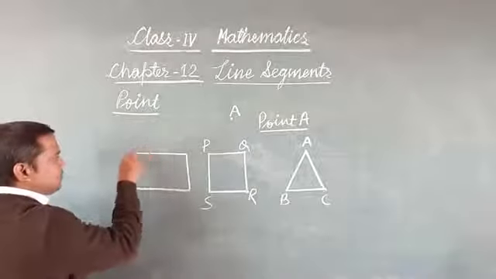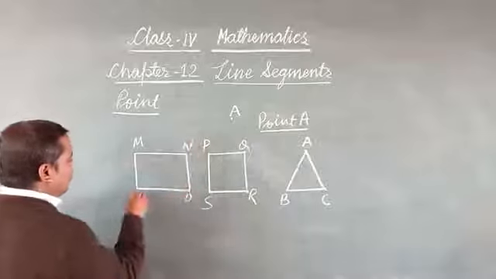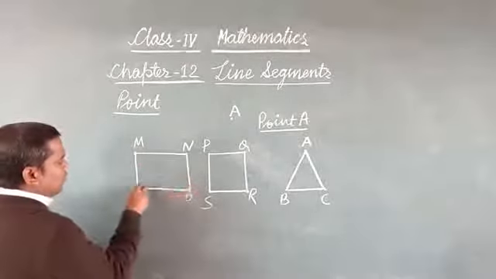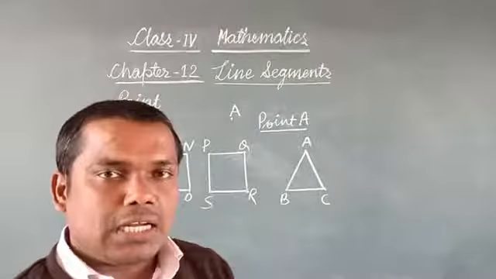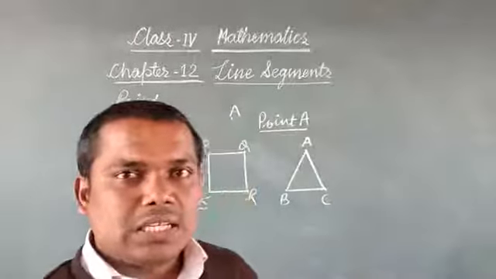In this, M, N, O, P. So M is a point, N is a point, O is a point, and P is a point. So any figure given to you and asked to name the points in the given figure, you can easily write.